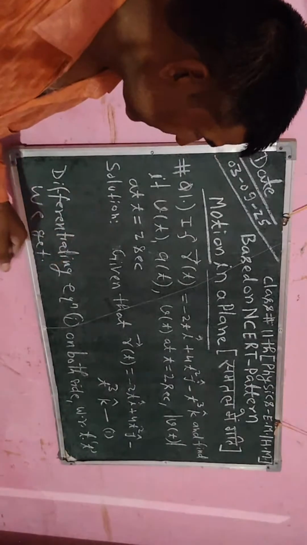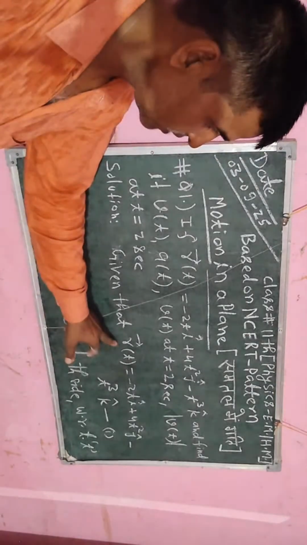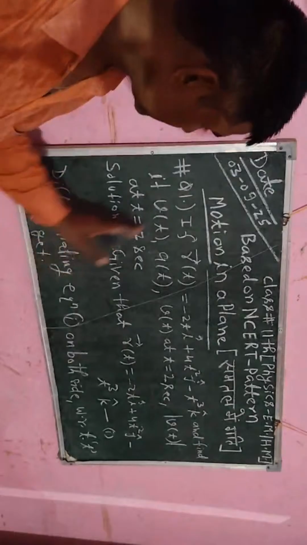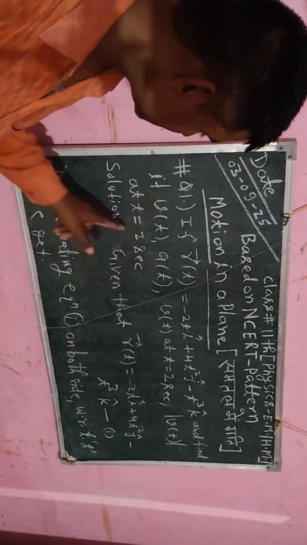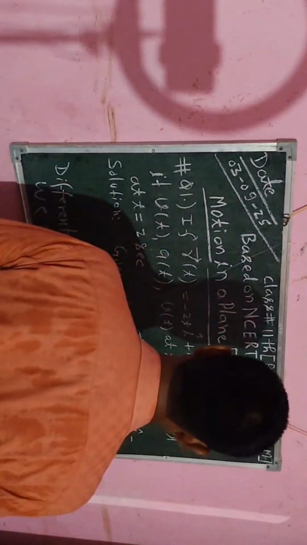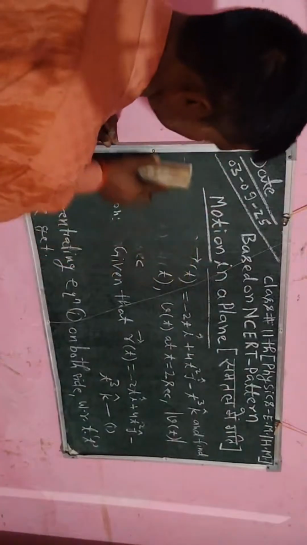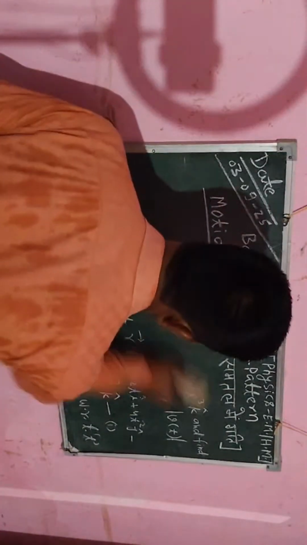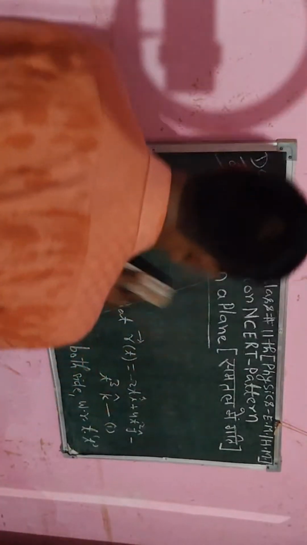So these are the information. Okay, in this expression, for this vector, I will take t equal to 2 seconds. I will also say here t equal to 2 seconds. Properly I will write, for solving the value requirement.